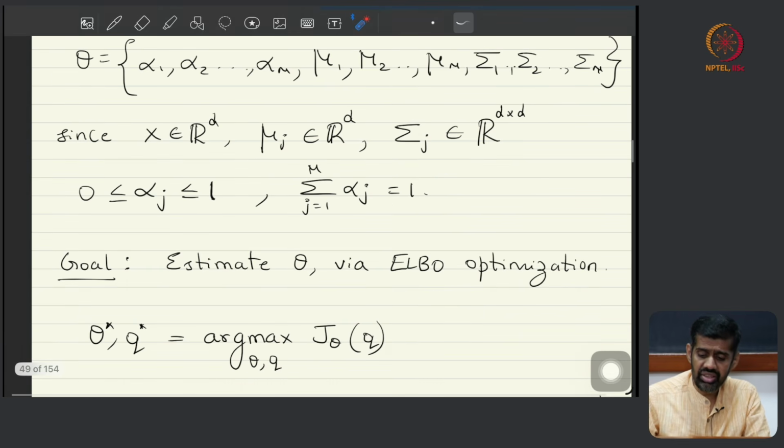And our alphas are such that they are between 0 and 1, because it's a mass function that we are looking at. It's actually probability. A probability mass function is a valid probability measure, not a density function, so it's bounded between 0 and 1, and it sums to 1.